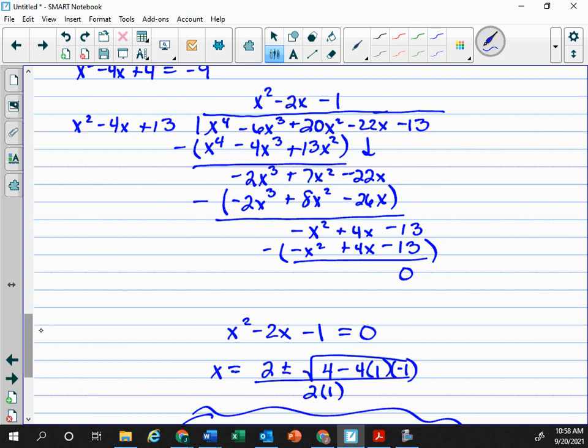I almost missed the negative on the 2x cubed right at the beginning. Walk around. If you're stuck on the division, let me know, and I'll see if I can find your spot.